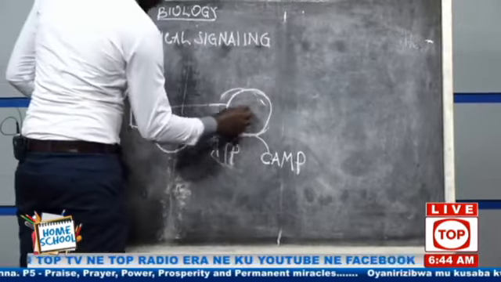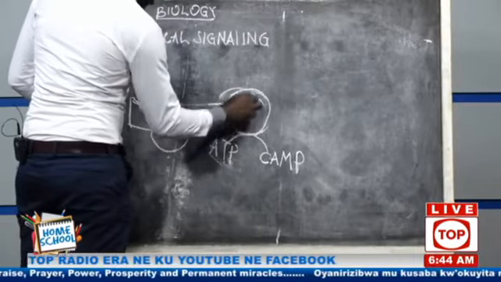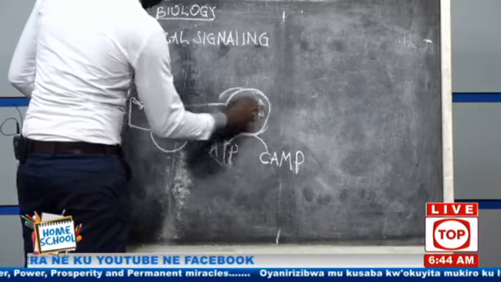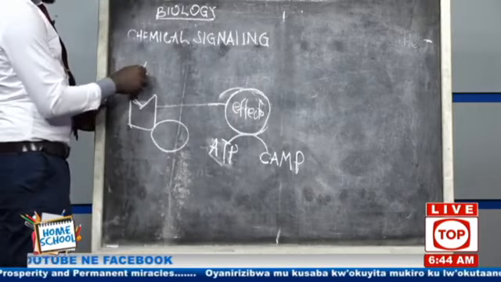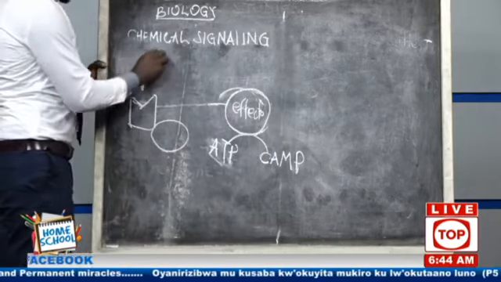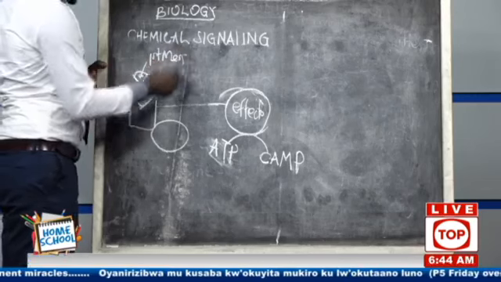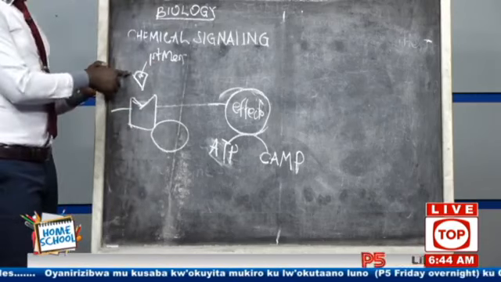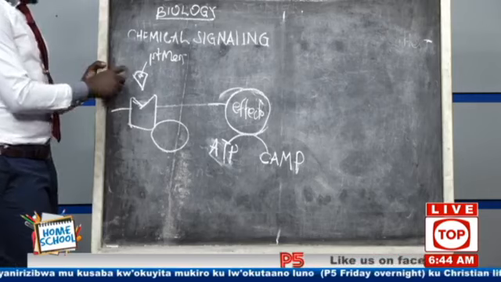So this is the first effector, the primary effector. This is the ligand, which is the first messenger. The ligand can be any hormone.